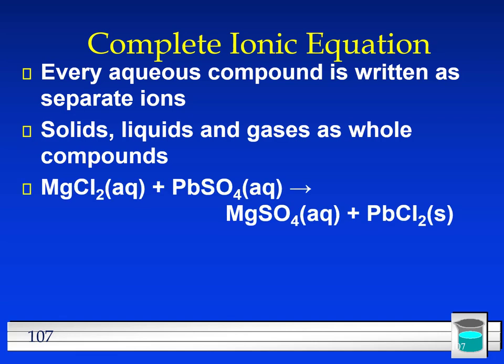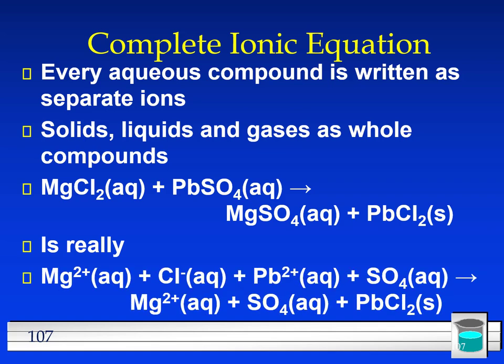So we write stuff like this. Magnesium chloride and lead 2 sulfate make magnesium sulfate and lead 2 chloride. We've been doing this for a week now, right? But notice 3 of those are aqueous and 1's a solid. So what you really have is, you don't have MgCl2 and PbSO4.